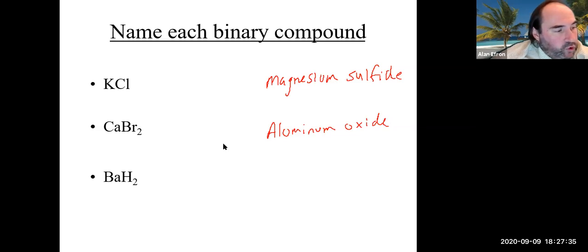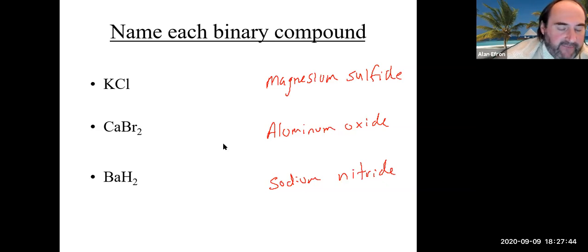Let's do sodium nitride. All right, so take a couple of minutes. Guys on the left, the correct name. Ones on the right, the correct formula. So see what you come up with. And again, if you don't have a periodic table out, and you've got one near, you might want to go grab one. It will probably be very helpful in this chapter for sure.